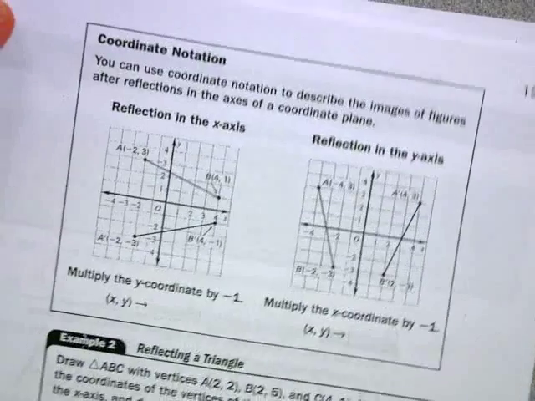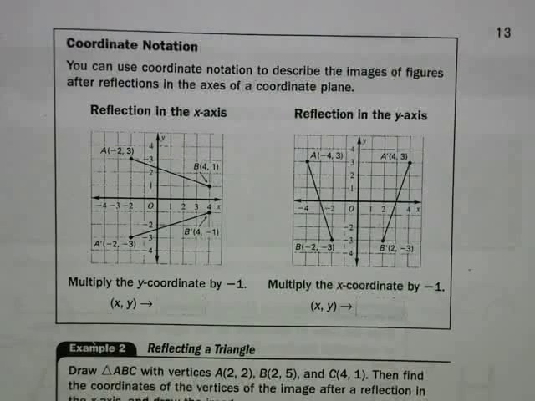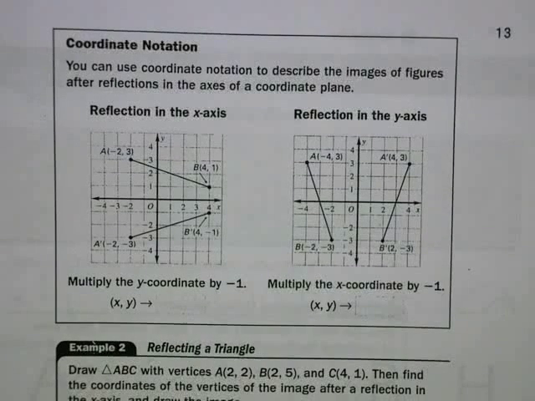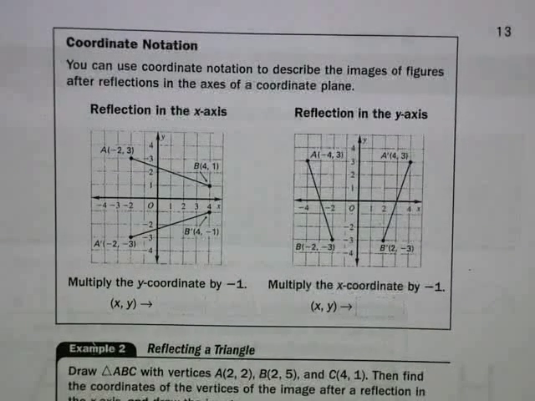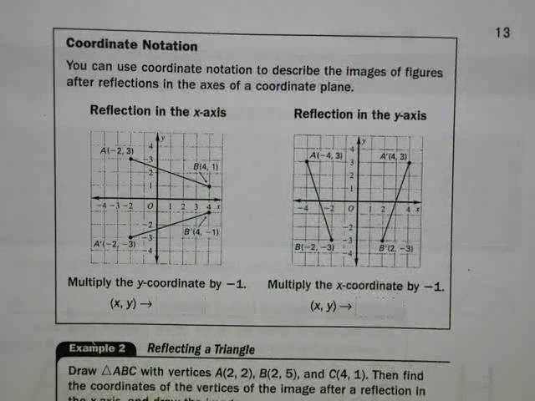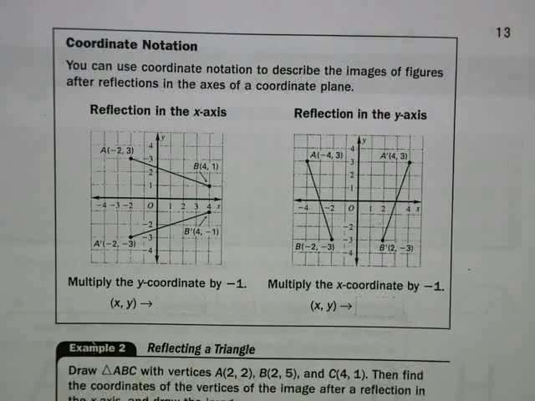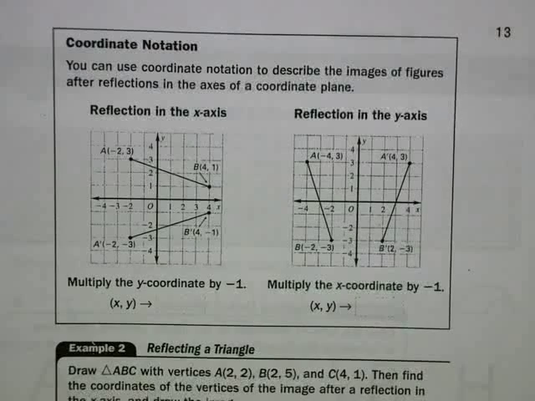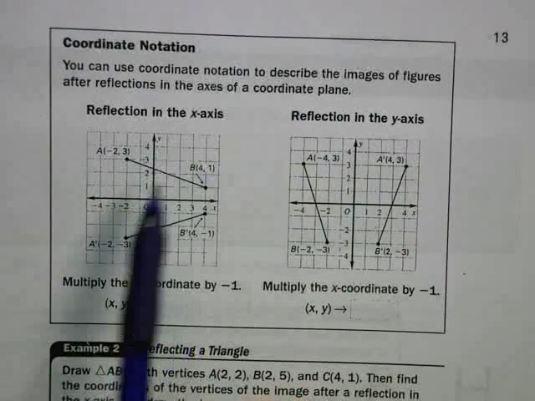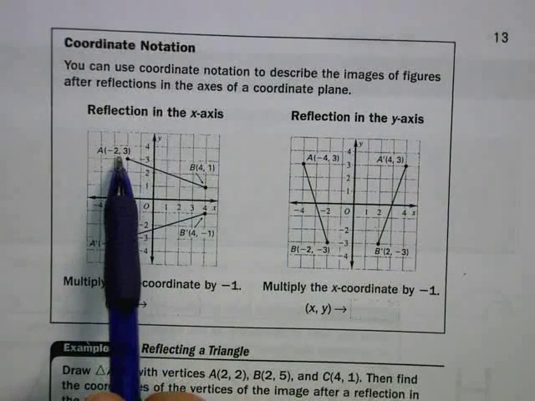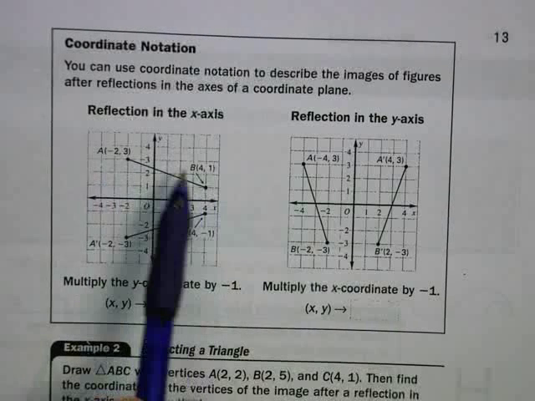So in these problems, we've been doing coordinate notation in this unit. And it says you can use coordinate notation to describe the images of figures after reflections in the axes of a coordinate plane. So here's a reflection in the x-axis. We're starting off at point A, and we go to point B, so we have the line segment AB.